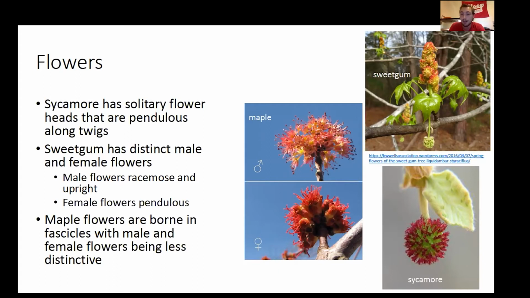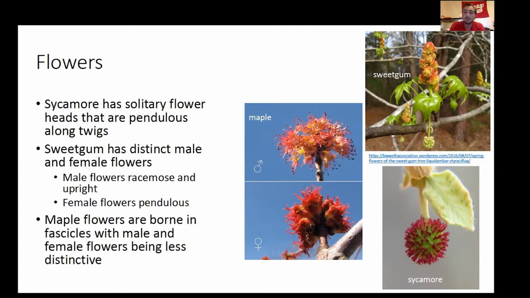And the female flowers that we see down here are pendulous. This tells us that our species is wind pollinated. Our male flowers are usually higher than the female flowers. As the pollen falls down from the males and the wind blows, it's easier for pollination to occur. So this tree can pollinate itself. Self-pollination is possible on Sweetgums.